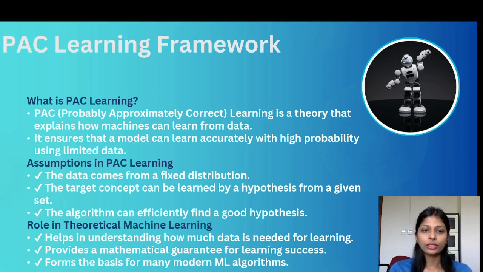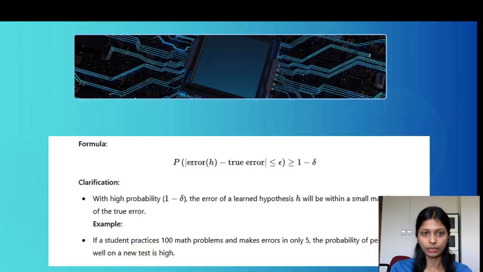Let's see the role in theoretical machine learning. It helps in understanding how much data is needed for learning, provides a mathematical guarantee for learning success, and forms the basis of many modern ML algorithms. Let's see a small formula which can help in PAC learning.